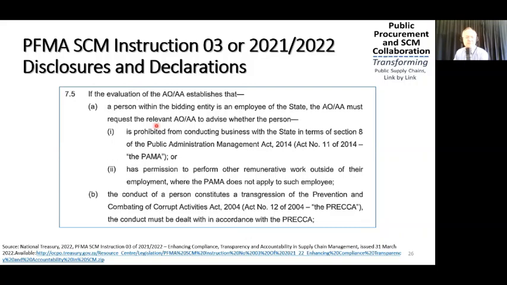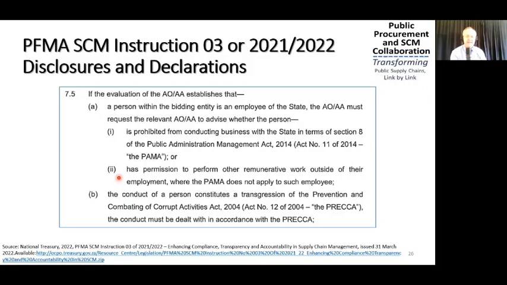If in the evaluation process you determine that a person is employed by the state and is potentially prohibited, and this is where PALMA is mentioned, the first time we've seen PALMA in an SCM instruction, you must request the relevant accounting authority to advise whether that person has permission to perform the other remunerative work. So this has not been included before.